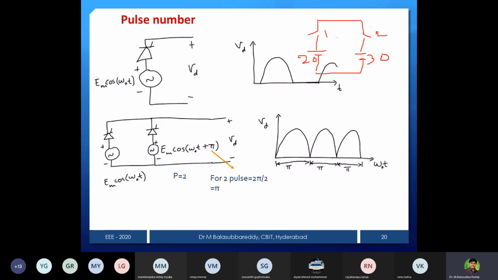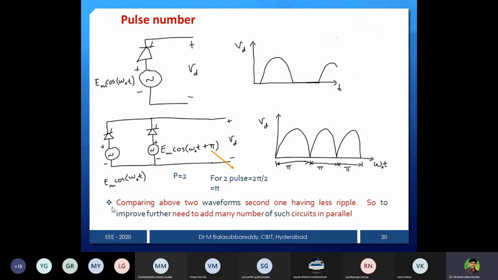Just for simplicity I have taken a DC supply. If you want an AC supply also, it is the same logic more or less. Now when this is 20 and this is 30, automatically this device is going to be fired, and once it is fired, this will be reverse biased. That way you can connect the devices in series or in parallel, depending upon our requirement.